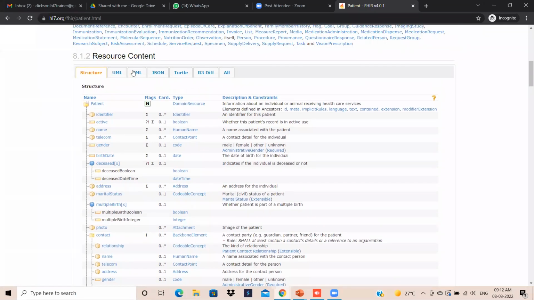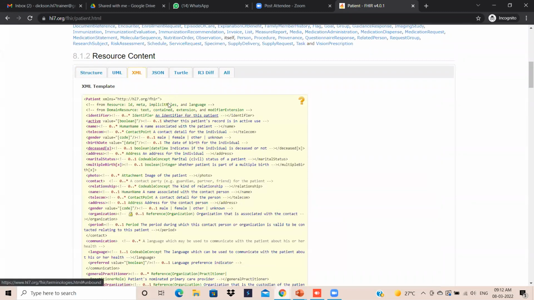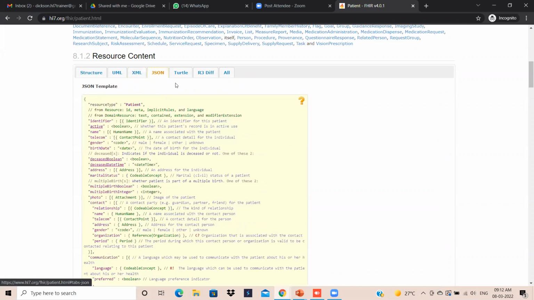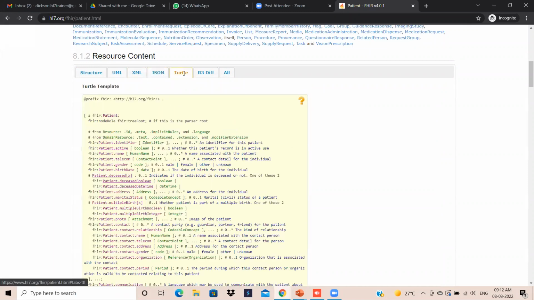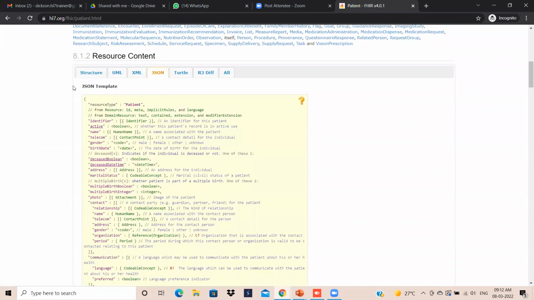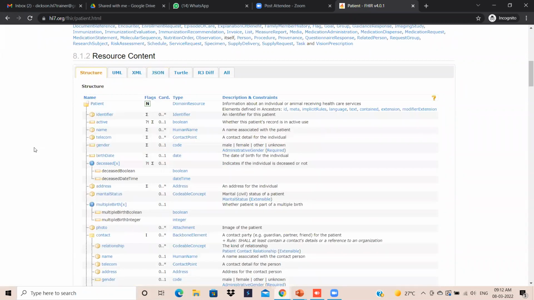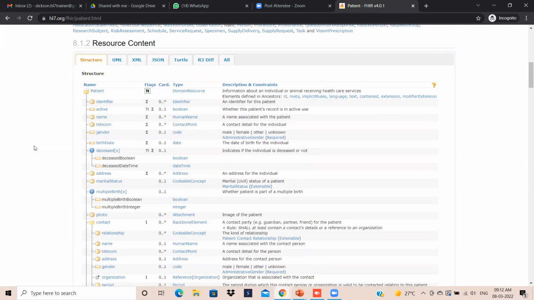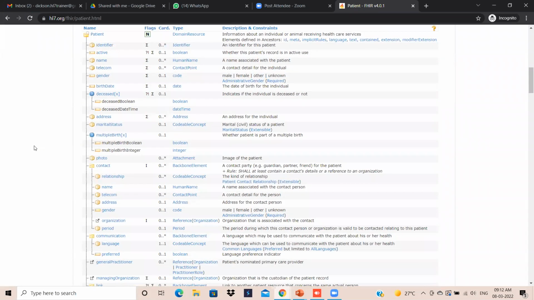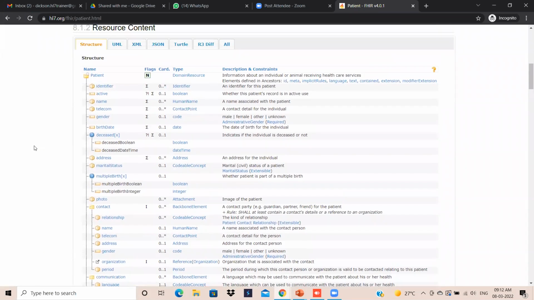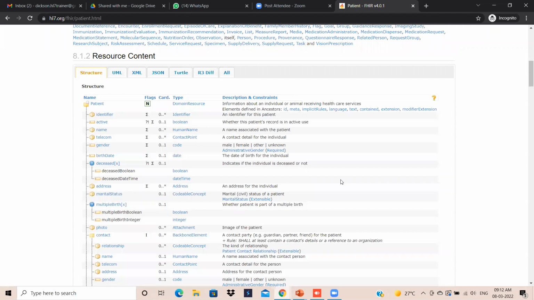Within this documentation, you also have a sample XML structure, a sample JSON structure, and also a sample turtle structure. These are the three formats in which data exchange is possible using FHIR. In tomorrow's session, we'll take a deeper look at this page.